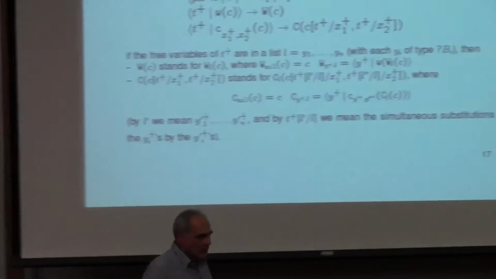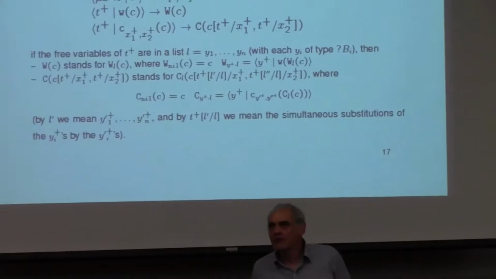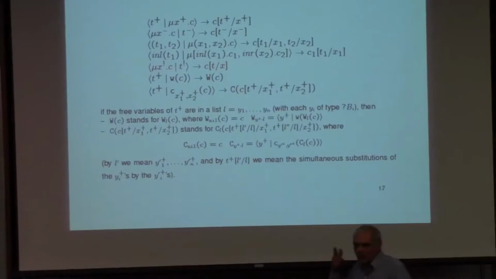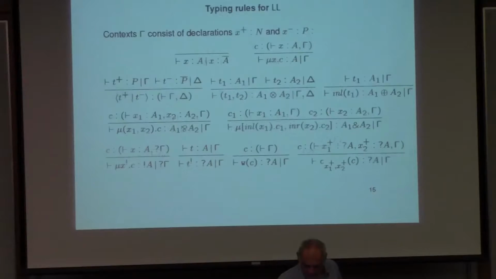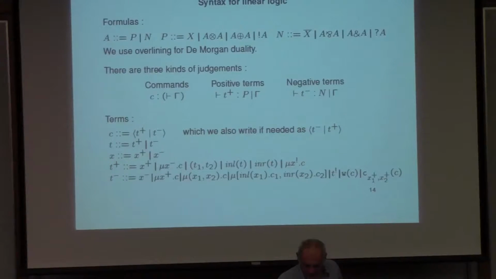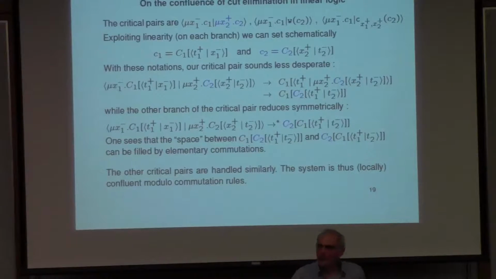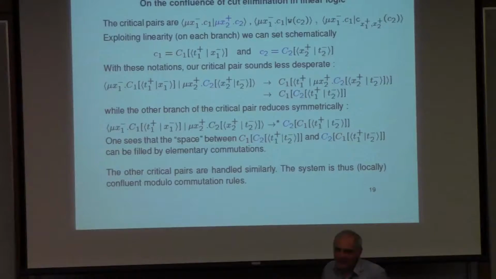Okay, and since we'll solve it in a different way, I'm not anymore concerned even about making these critical pairs converge. Because what we are going to do is to present you a system that has no critical pair.